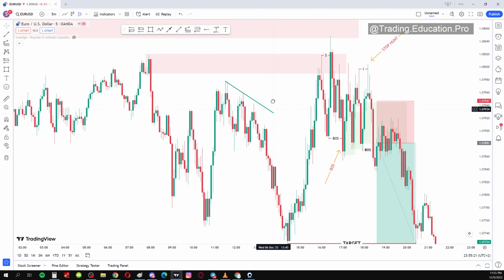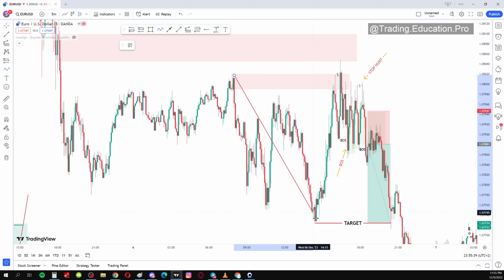So it is okay to try to sell because we have liquidity below it. But the problem with this is just one move here. So 1, 2, 3. This is just one move.